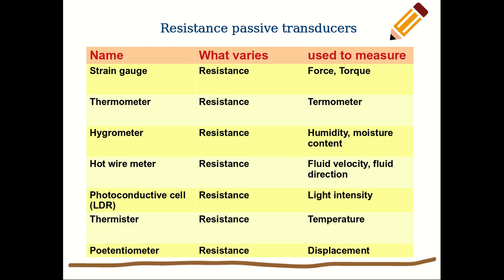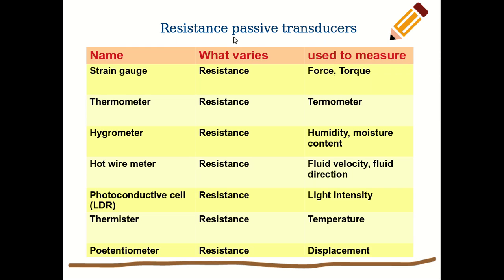Let us see what are the examples of passive transducers. There are many passive transducers, and here I am classifying these passive transducers again into a few classes that depend on which parameter is changing while the transduction process is going on.